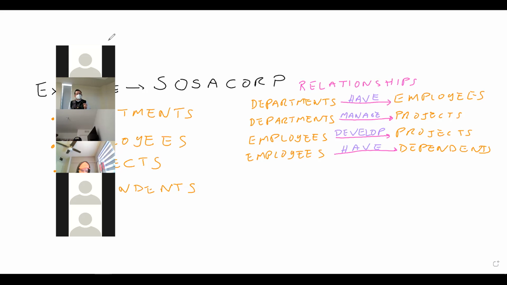Well, the company said that we have departments, but the departments don't necessarily relate to each other. But what other thing was in the description of the problem? So let's say that all of us are employees in the company.